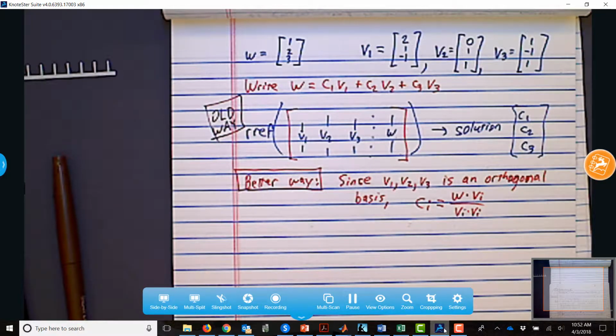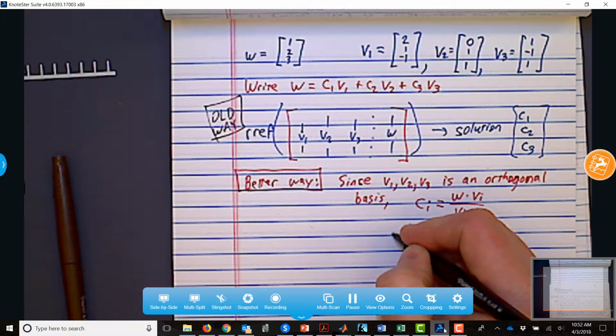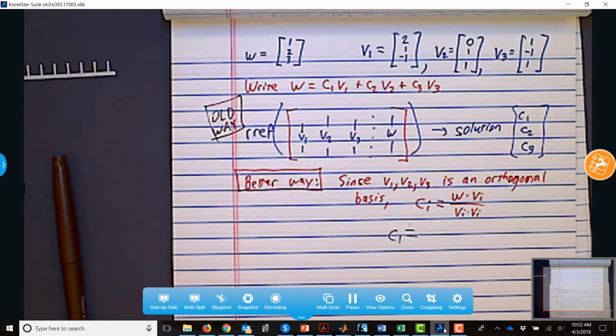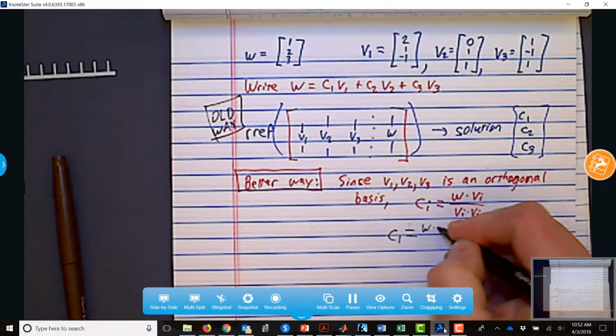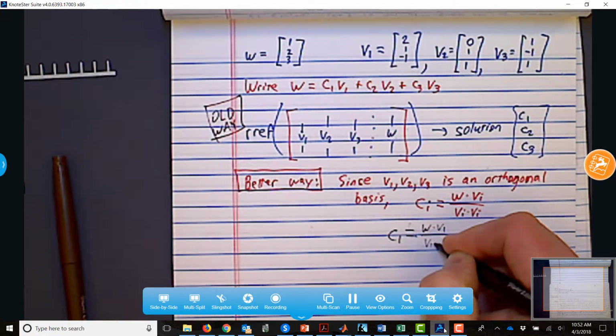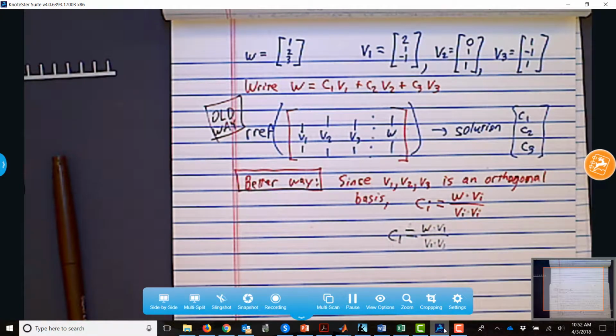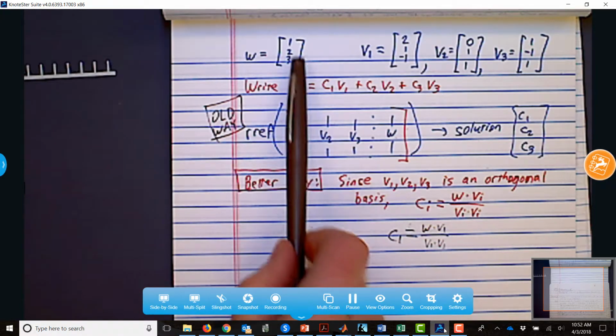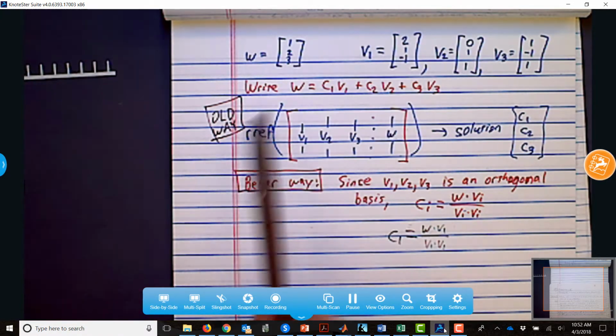And check this out. You guys, let's get the first one. What is C1? Well, what's W dot V1? Well, we could do that, right? 2 plus 2 is 4, minus 3 is 1.